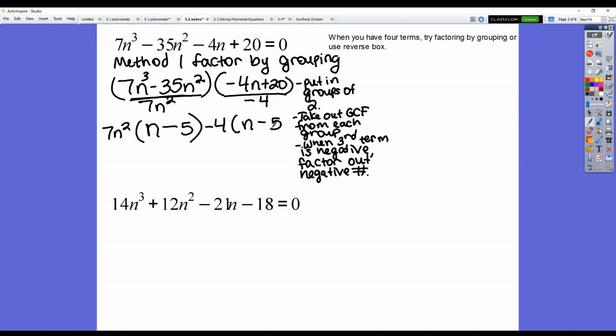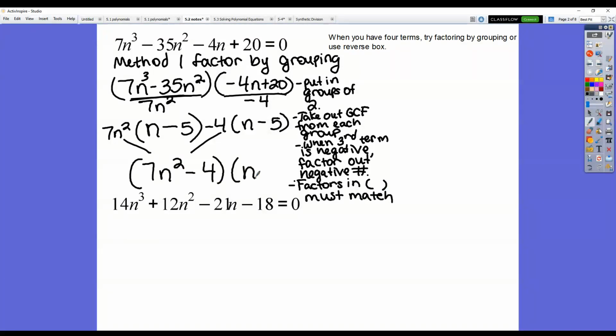And that leaves me with n minus 5. Okay. Factors in parentheses must match. Once they do, you drop these down. And then it's factored. That's the first method.